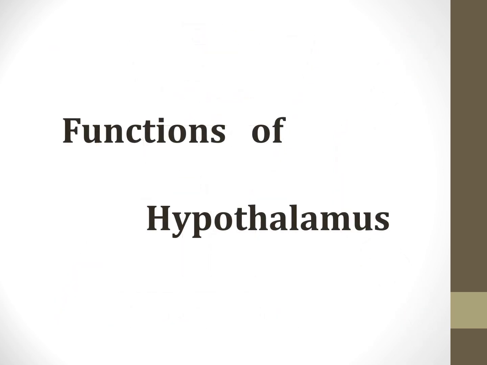Now we are moving on to the functions of the hypothalamus. In general, just remember two things. One, the hypothalamus does its function along with the limbic system, the autonomic nervous system, and the endocrine role. The endocrine role is very, very important. The second thing is that, by coordinating with all the organs and all the functions of the body, the hypothalamus is involved in maintenance of homeostasis, or maintenance of the internal environment.